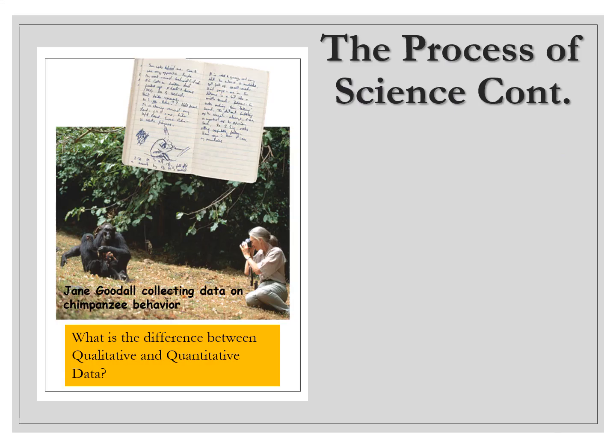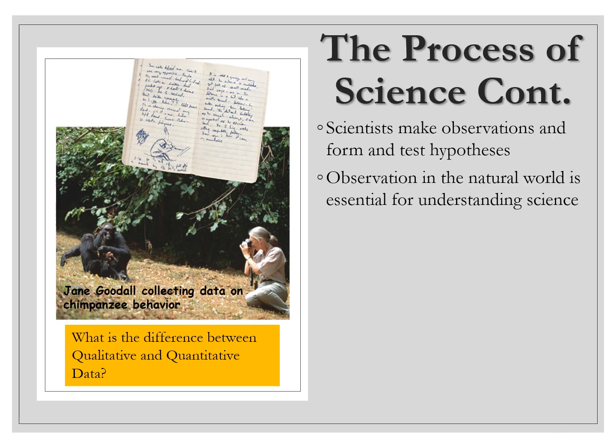So scientists are really the ones that are doing this process of science, right? They're the ones out there making the observations, forming and testing their hypotheses. That's what it means to be a scientist, right? You're testing the natural world. So observation is really essential for understanding science, right?